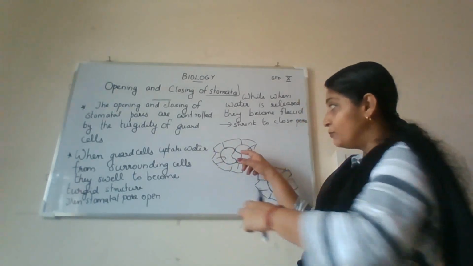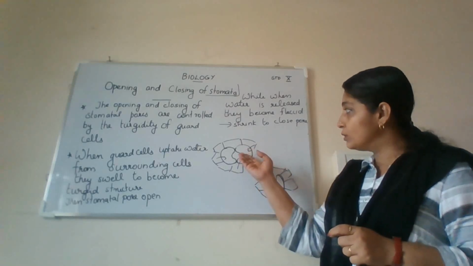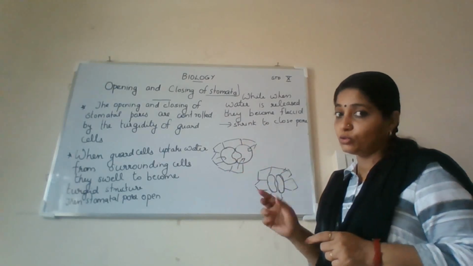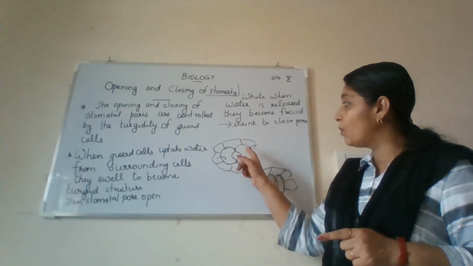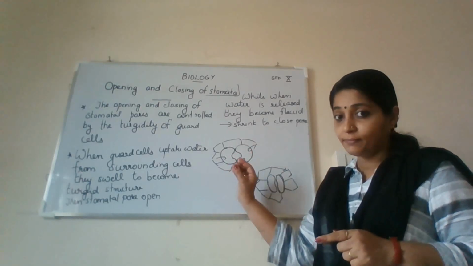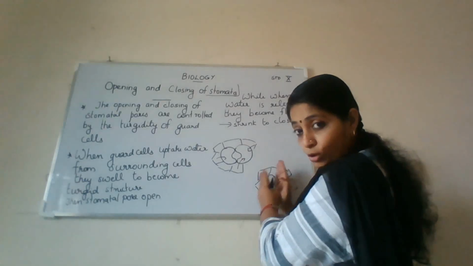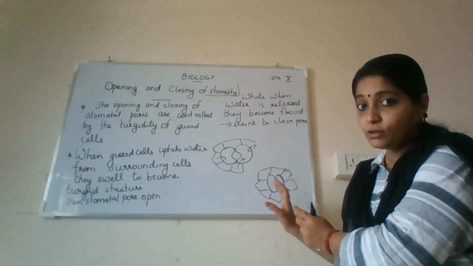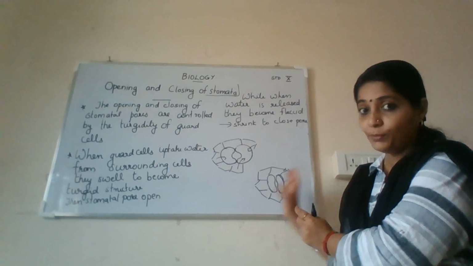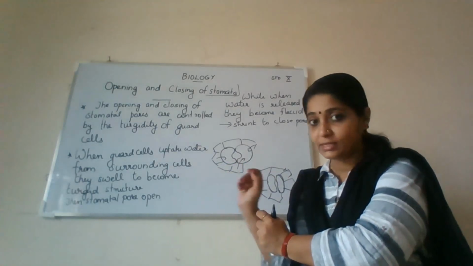The guard cells move apart, forming the stomatal pore, making the pore open so that the water can escape through this pore. And later when water is lost, what happens to the cells? The cells will shrink and become flaccid. When the cells shrink, they come close together and close the stomatal pore. That is how the opening and closing of stomata take place.